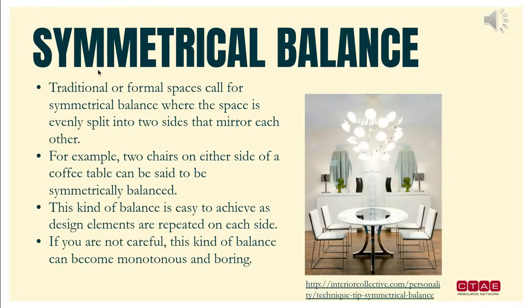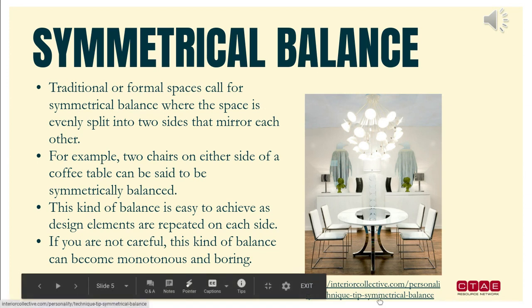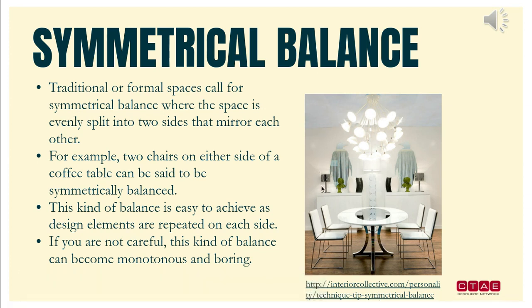Now, in symmetrical balance, this is where traditional or formal spaces call for symmetrical balance, where the space is evenly split into 2 sides that mirror each other. For example, look at this picture. Draw an imaginary line straight down the middle, and you have exactly the same on this side as on this side. Both penguins are facing each other.